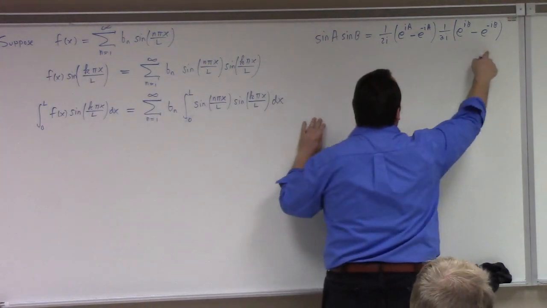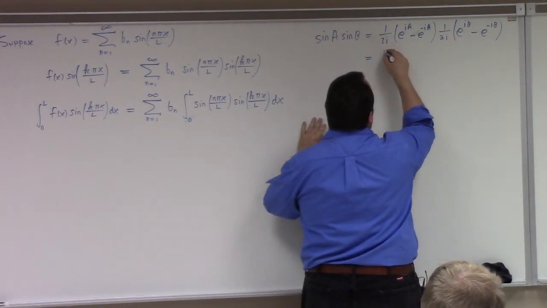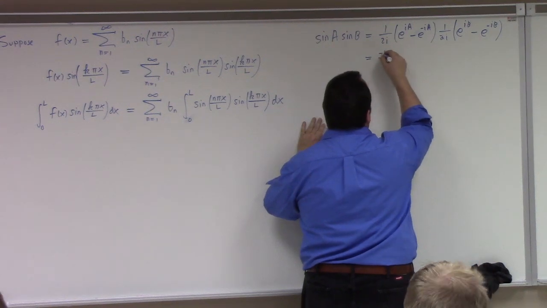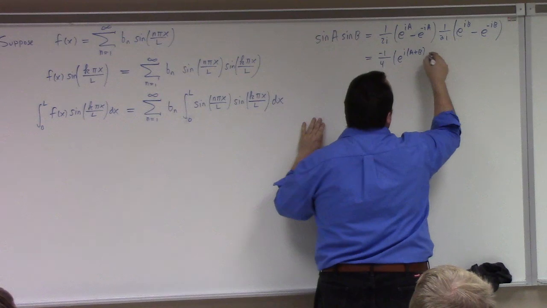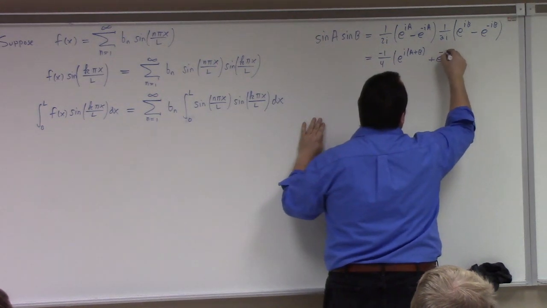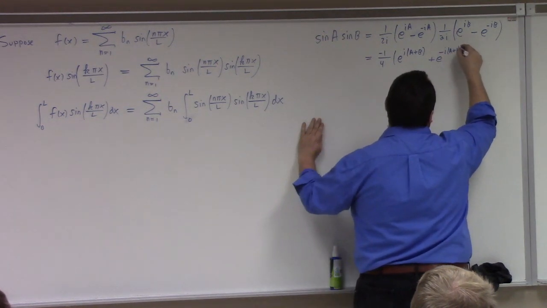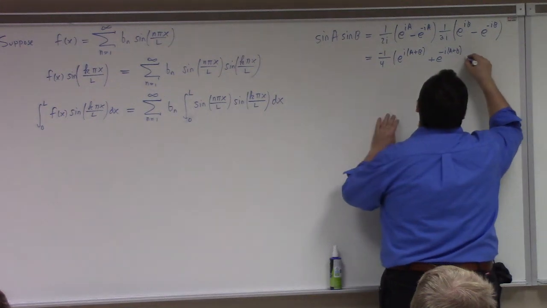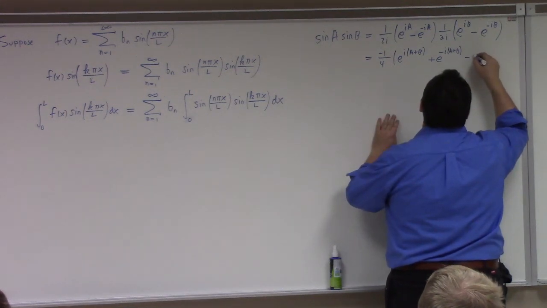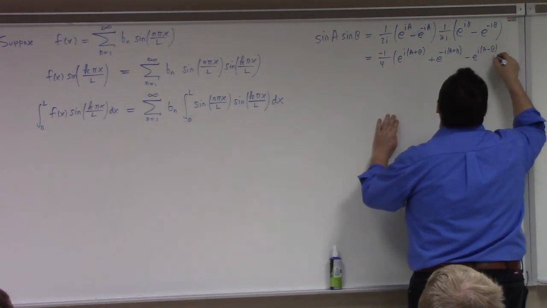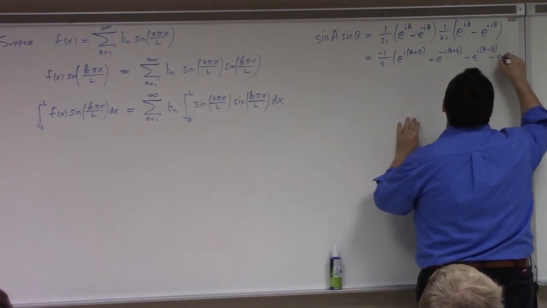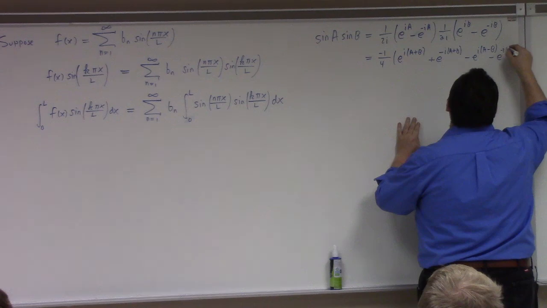And with that, we have minus 1/4 times e to the i(a plus b) plus e to the minus i(a plus b), minus e to the i(a minus b), and then minus e to the minus i(a minus b).